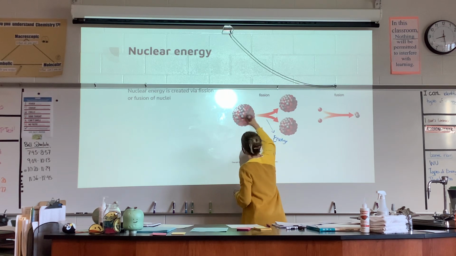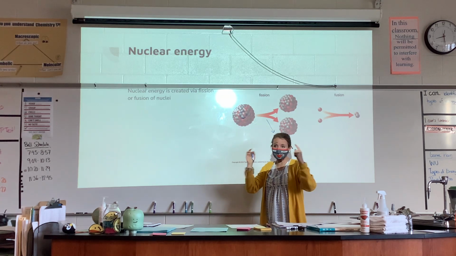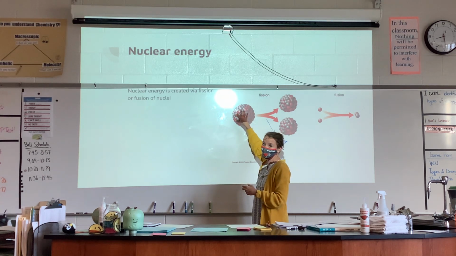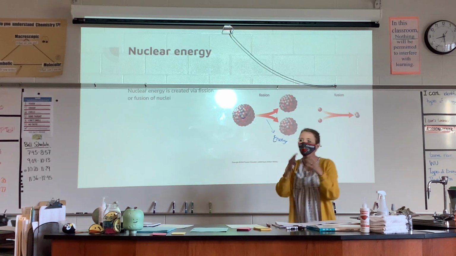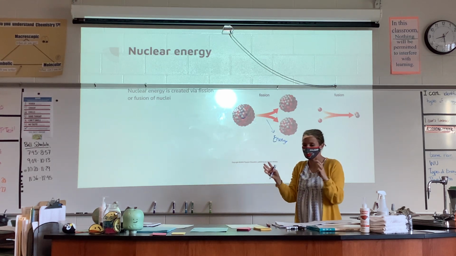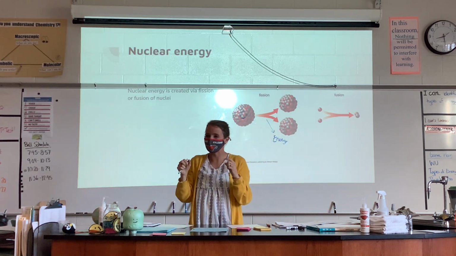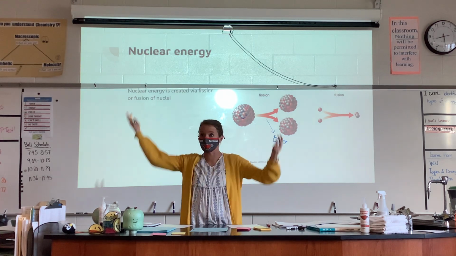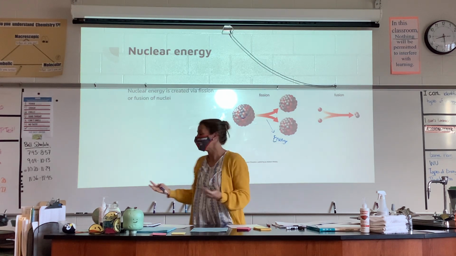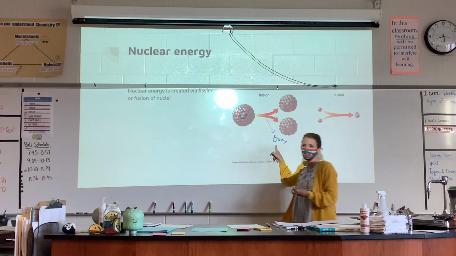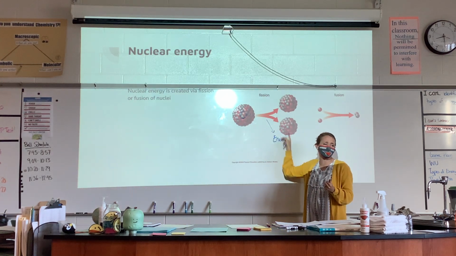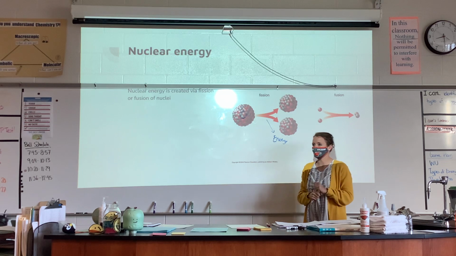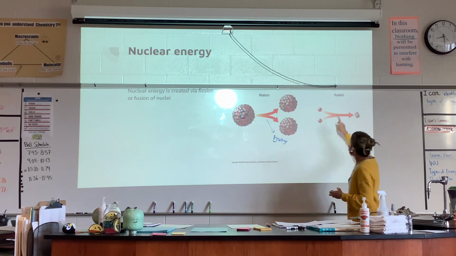Because there's energy, there's potential energy, like Ben said, inside the atom. Okay, and so when you open it, it's kind of like, this isn't the best, but it gives you an idea. It's like a little popper, right? You break open the atom and energy comes out. Okay, that energy then can be used, and we'll talk about it more in detail in a little bit, to then do different things.